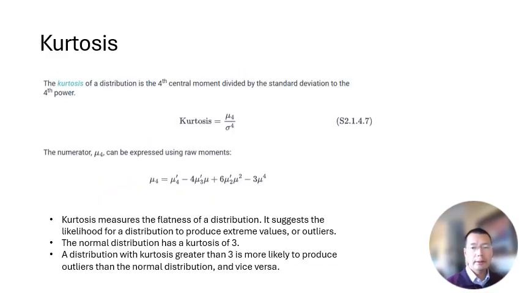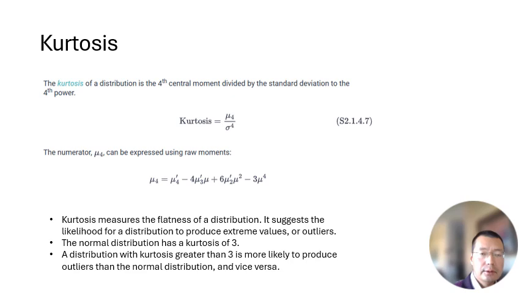We talked about the first moment, the second central moment, which is variance, and the third central moment related to skewness. Now we are talking about the fourth central moment, which is related to kurtosis. The definition of kurtosis is the fourth central moment divided by the standard deviation to the fourth power.